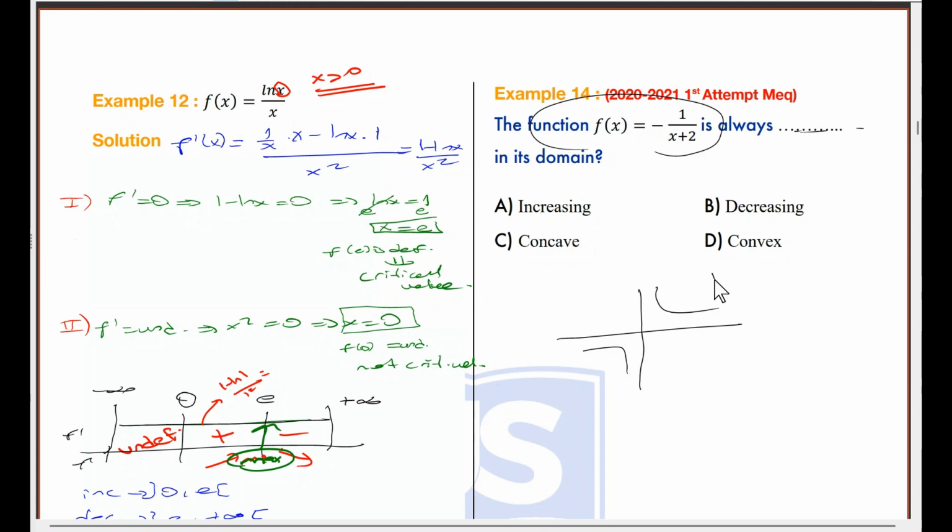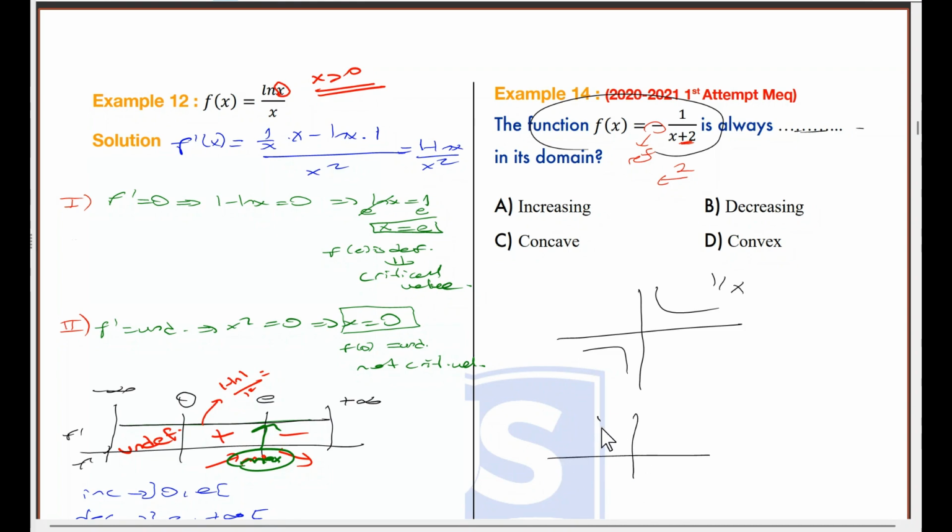The inverse function's graph, the parent function, looks like this: 1 over x. But there is a minus in front, so there will be a reflection. So reflect your graph, plus there is a translation, 2 units to where? It's plus 2, so 2 units to the left. So reflect your graph and move 2 units to the left.